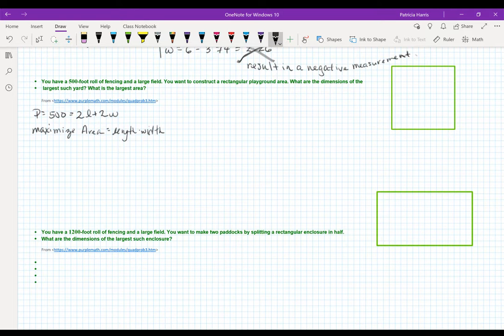So what we're going to do is we're going to take our perimeter and use that to solve for one of our variables and substitute. So I'm going to use my 500 feet, and I'm going to solve for L. So I'm going to subtract 2W. I'm going to divide by 2.